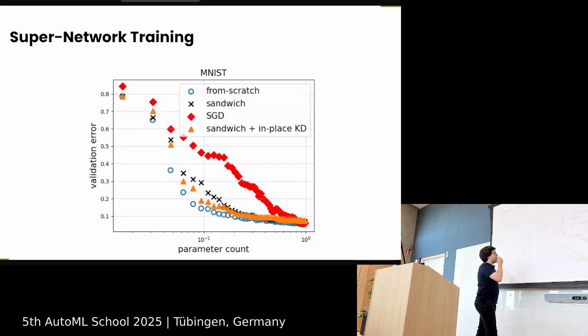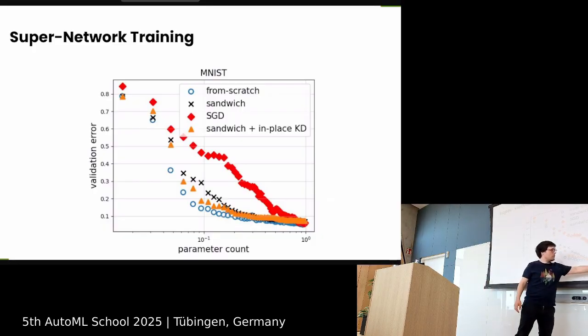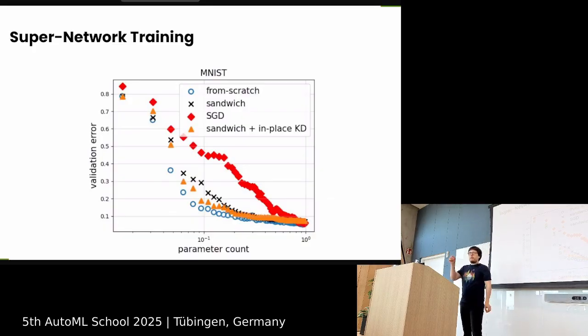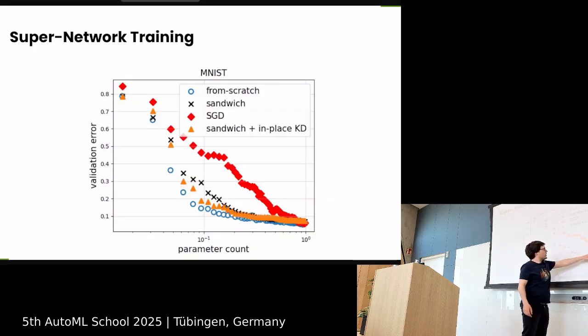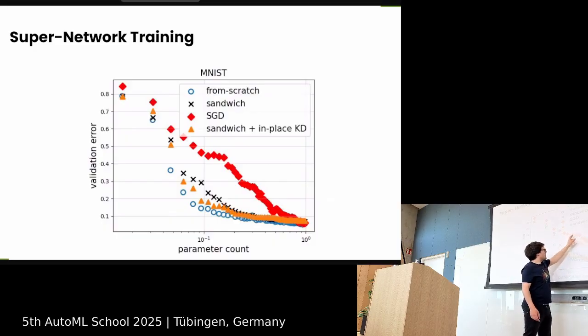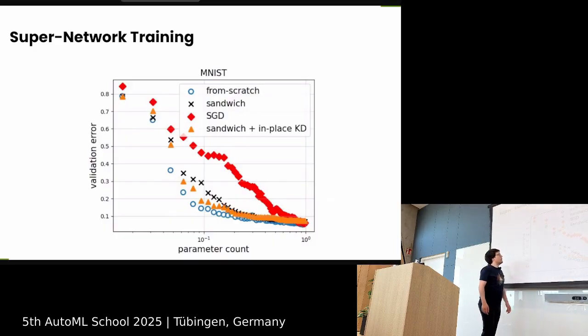Now, if you would just take the largest network, the supernetwork, train it with SGD, and then take each subnetwork out of the supernetwork, then you would see these red diamonds here. And you can see performance degenerates quite quickly, right? It's got the same performance for the large network, but once you go to smaller networks, performance drops quite badly.